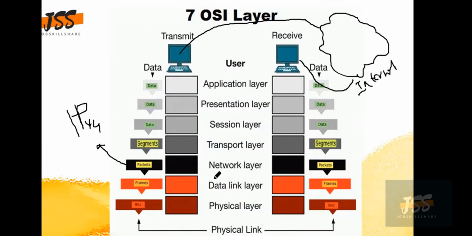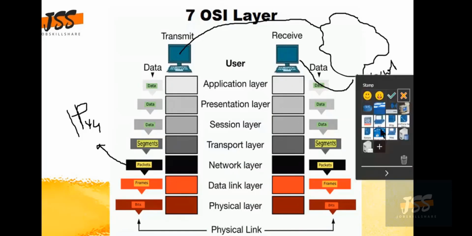Once it hits the network layer, the question is which is going to be the best path. Whatever communication happens, it's going to take some path. When we talk about the cloud or the internet, just think of thousands and thousands of routers interconnected with each other.